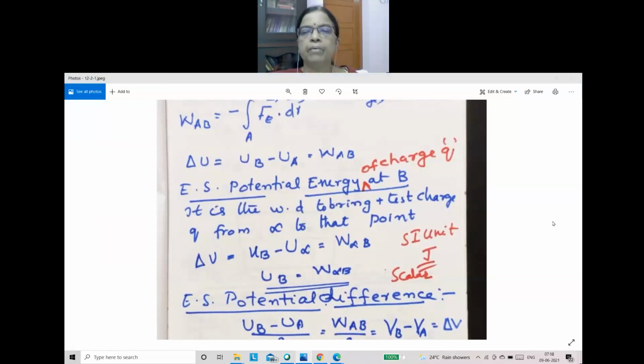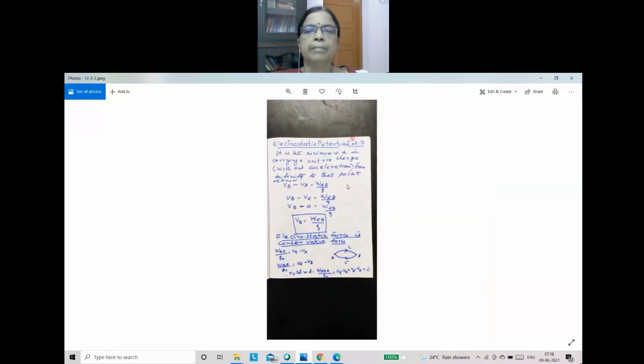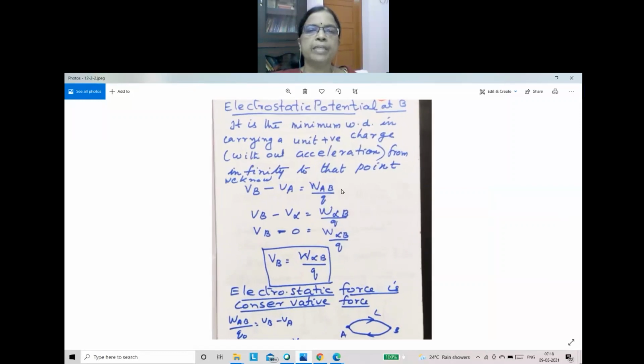Then potential at B. How will you define potential at B, children? Potential difference we got. Then potential at B, how will you define? By W infinity.